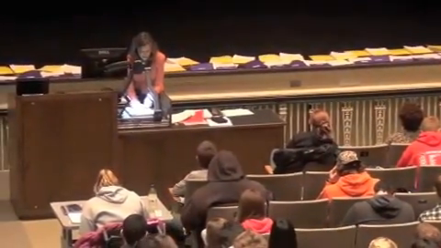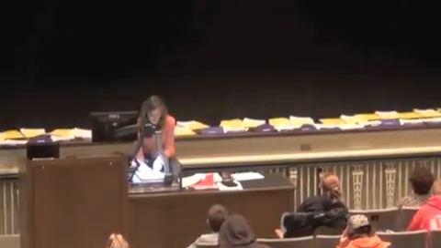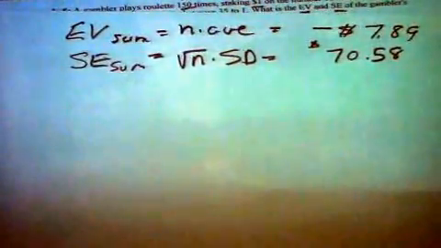So the standard error for the sum, we worked this out last time, but now we're just looking at the formula. What did it come out to be? $70. Whoa. So now you might think, do I really want to play this game?